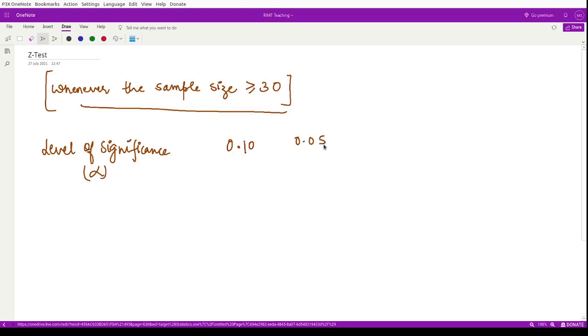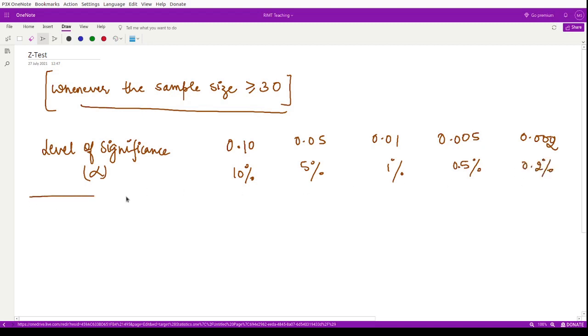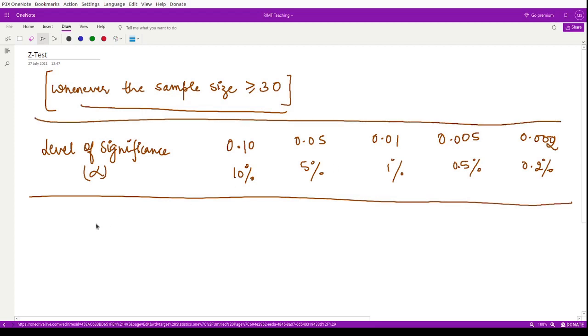So 10%, 5%, and then 1%, then 0.5%, and then 0.2%, right? In percentage, it is 10%, 5%, 1%, 0.5%, yes, and 0.2%.